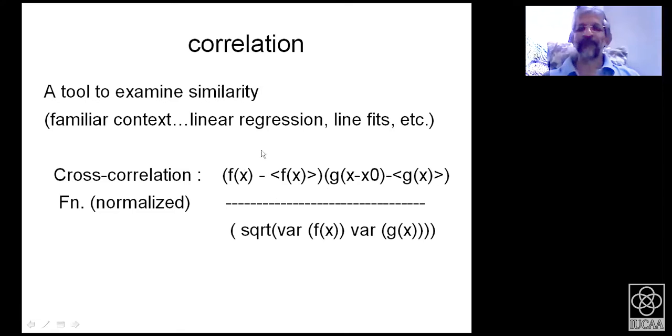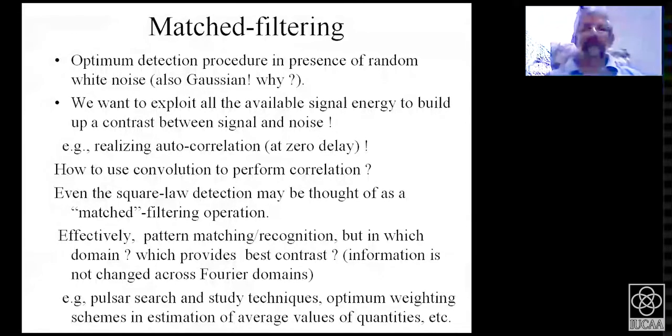So this is the standard definition of cross correlation, which you can find in any number of books, and the normalization given like this. So when we measure the visibilities and so on, this is what we are actually trying to measure.